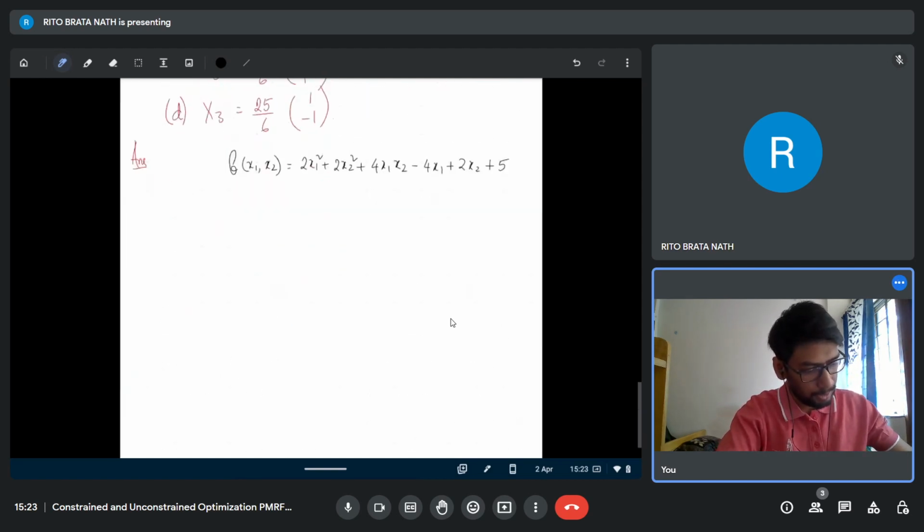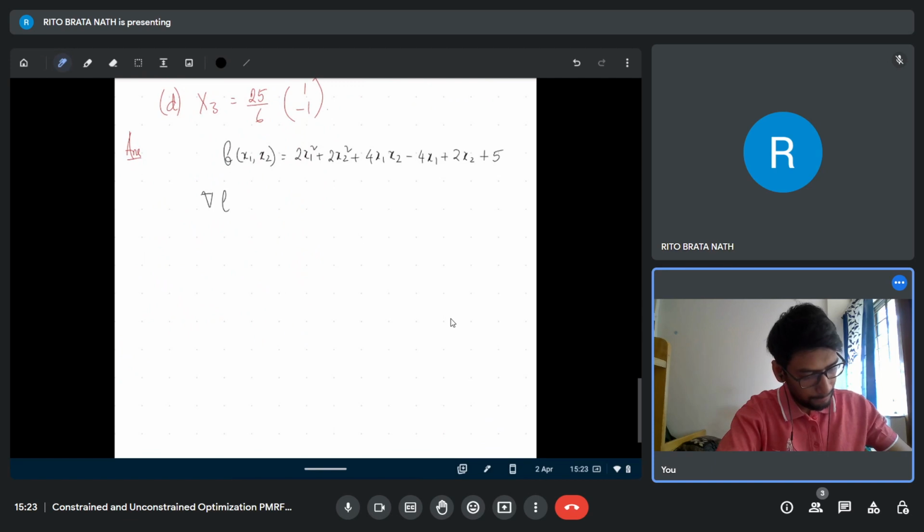So first let me calculate the gradient. The gradient would be, first you take the partial derivative with respect to x1. So it's 4x1 plus 4x2 minus 4.